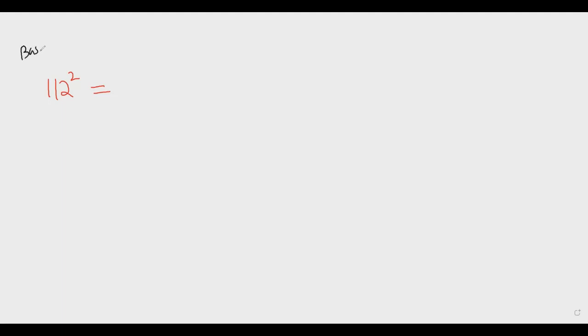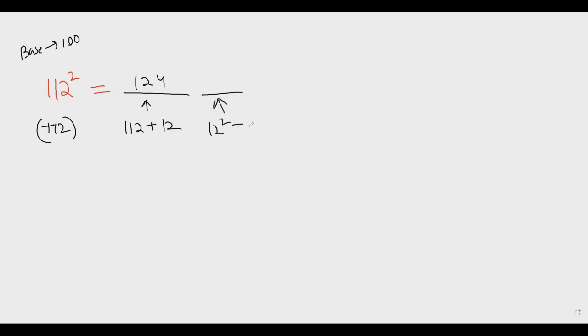Take 112 with base 100. It is nearby 100, but how much greater? It is 12 greater than 100, right? So what we have to do is 112 plus this number 12. That will be 124. And lastly, we have to write 12 square.